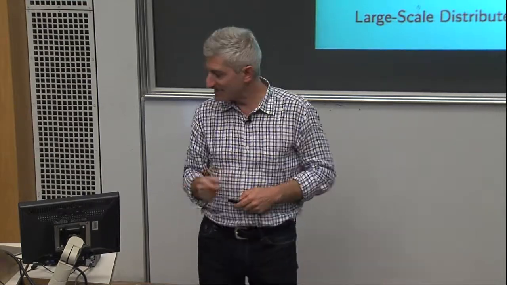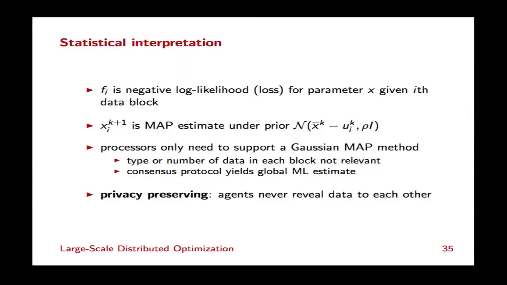So actually what it says is that all I have to do is ask each block to do MAP, and I pass in the mean of the Gaussian prior, and then they come back. I don't care what method they use. They can use whatever method they like. They just have to do that. And what's interesting about that is by wrapping just very simple stuff around that, we can drive them into consensus, and what will happen is they will have solved the original problem as if they had collected all their data in one place and solved it locally, right? So that's the idea. Okay.